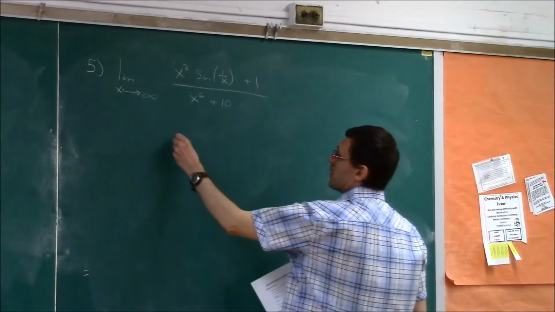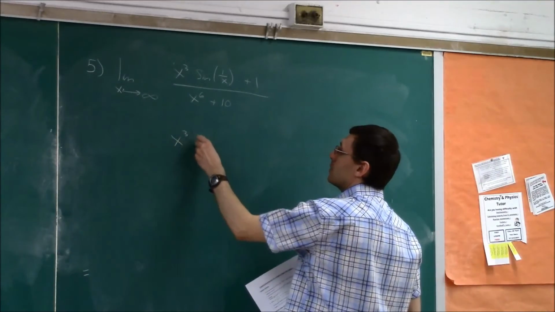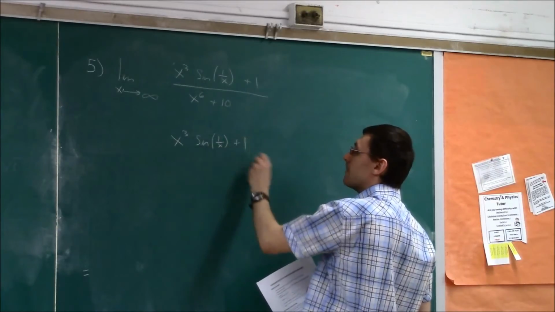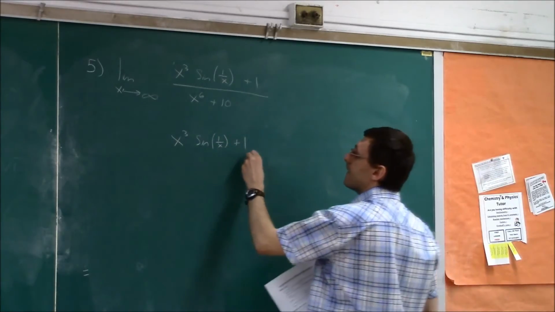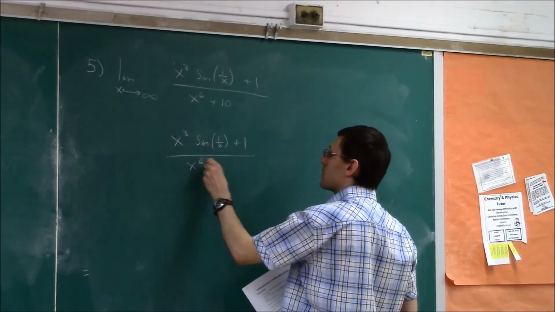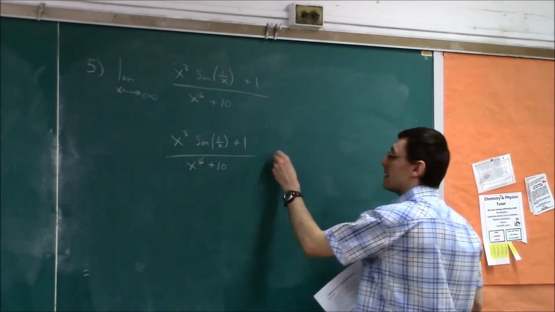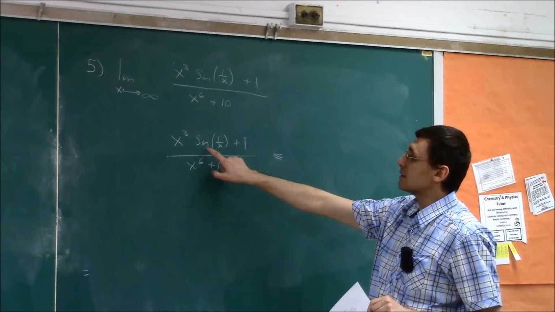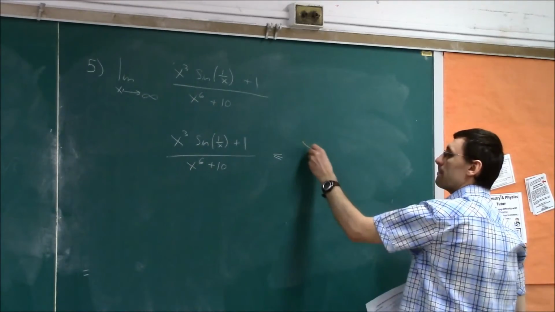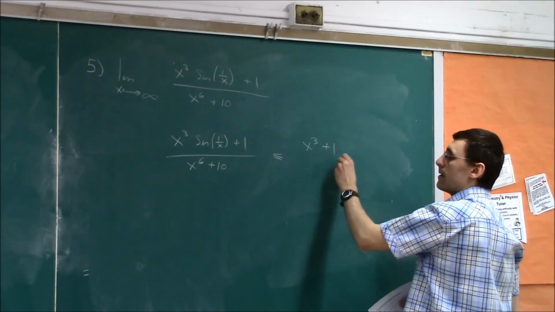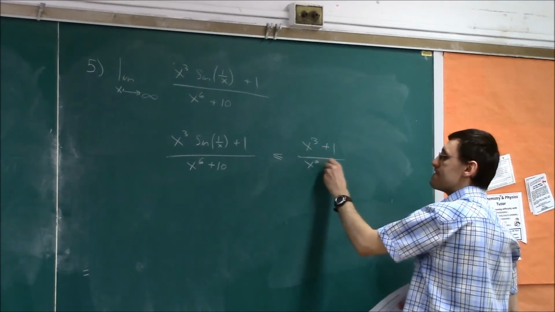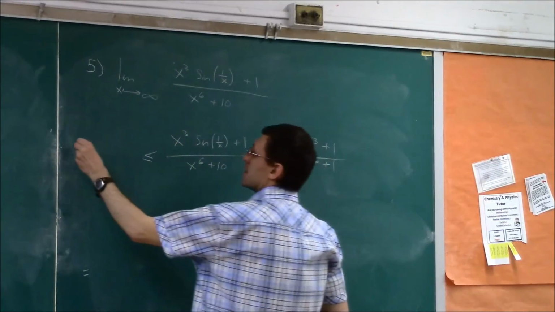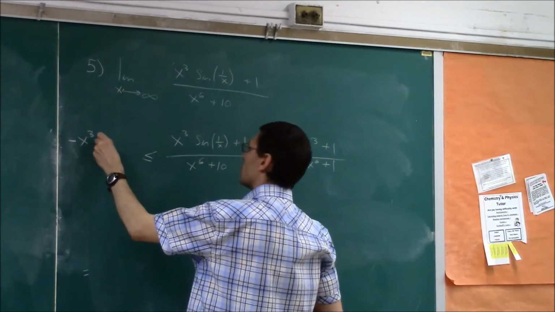So in this case, observe that the numerator is at the very best x cubed plus 1, and at the very worst, the numerator is minus x cubed plus 1.